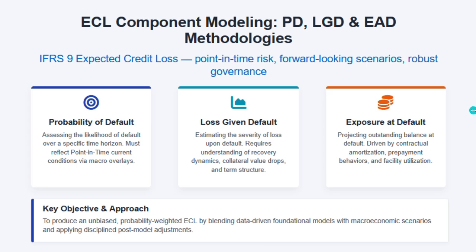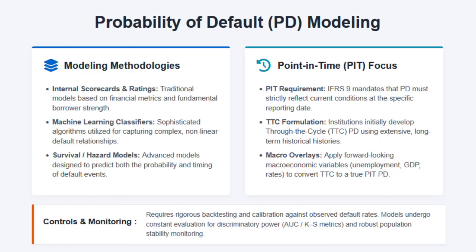So, before we wrap up, let me give you a bit of additional depth on the core model components that we talked about. You will definitely encounter detailed questions about them in your interviews. For probability of default modeling, banks have multiple methodologies. Some might use scorecards or ratings developed internally. Others use sophisticated machine learning models or hazard models.